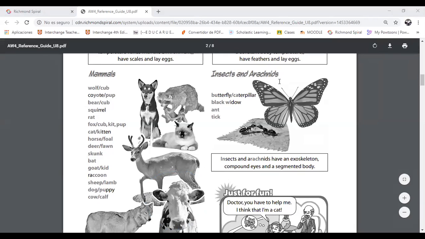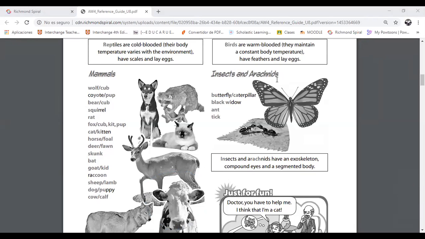Seriously. Insects and arachnids: butterfly, caterpillar, black widow, ant, tick.